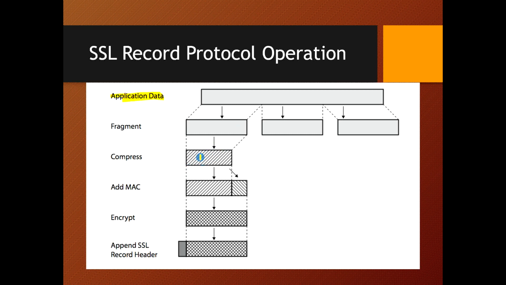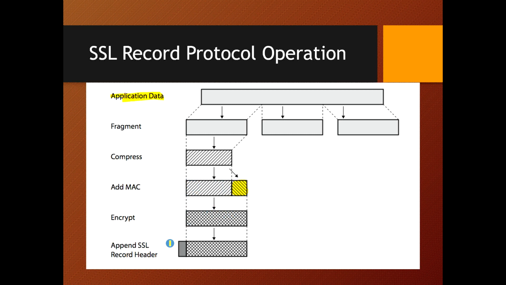Once the message is compressed, we are going to add a MAC. MAC is nothing but message authentication code. So once the data is compressed, we will add the MAC to the compressed data, and then we perform encryption for this entire compressed data plus the MAC.